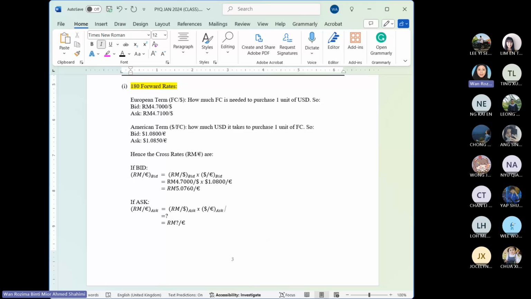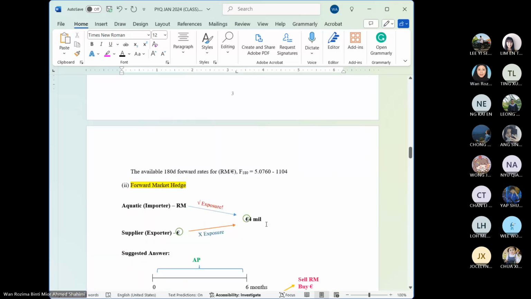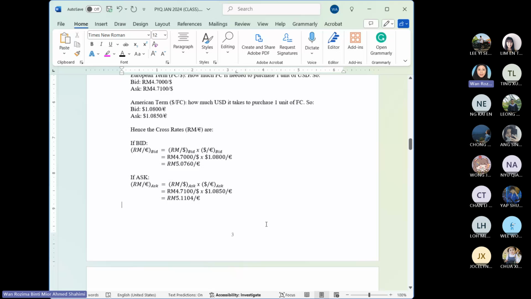Straightforward, you don't have to do anything, just take the answers that you gather on top, then you will get this answer, meaning that now you have Ringgit Malaysia per euro, for bid and ask.